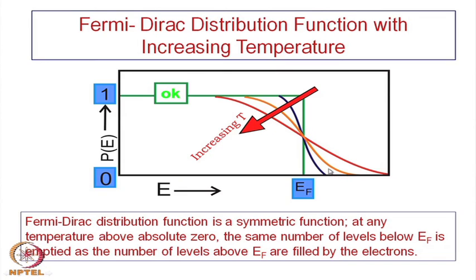Similar is the case with the applied field. If you apply a field to this system in addition to the temperature, once again the same thing will happen. No electrons having this level of energy will get excited here. Only the electrons with energies close to the Fermi level will cross over and go to the higher level. So that is another important aspect.